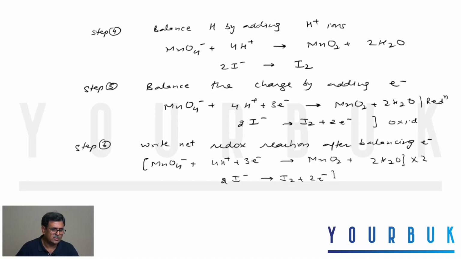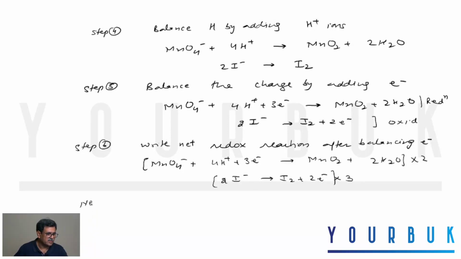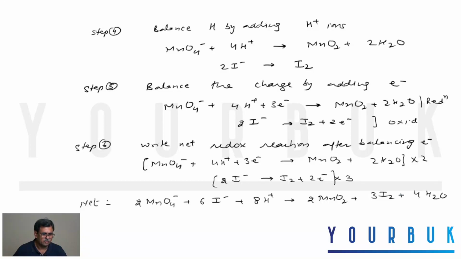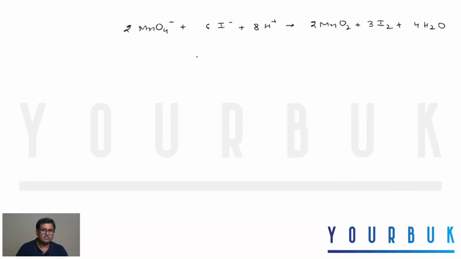So before you add these 2 half reactions, you have to balance the electrons. So my net redox reaction is this: twice of MnO4 minus plus 6I minus plus 8H plus gives twice of MnO2 plus 3 I2 plus 4H2O. So this is the balanced redox reaction, the net redox reaction in acidic medium.